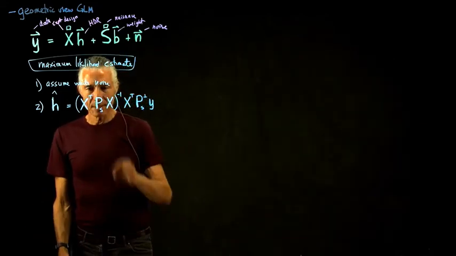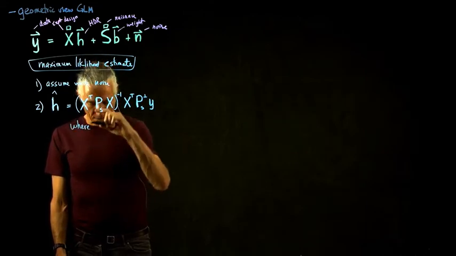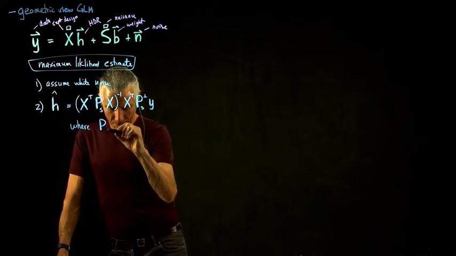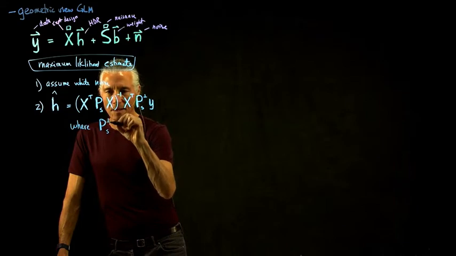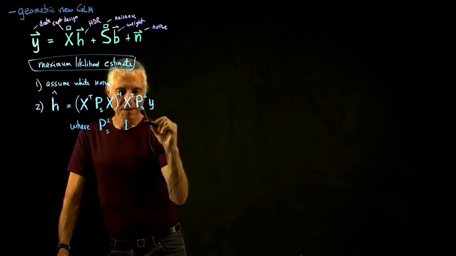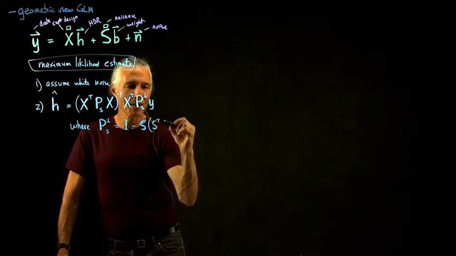We didn't define a couple of the things in there. So where this guy is equal to a whole other set of matrices. This is I minus the S matrix times the S matrix transpose times S matrix.